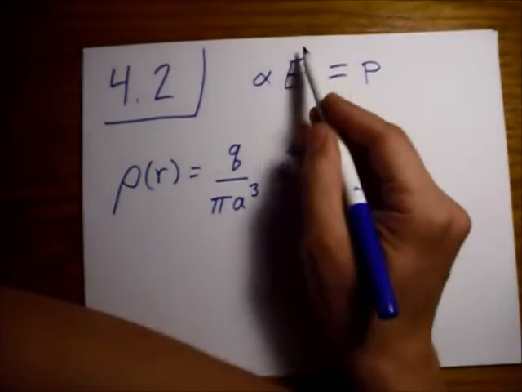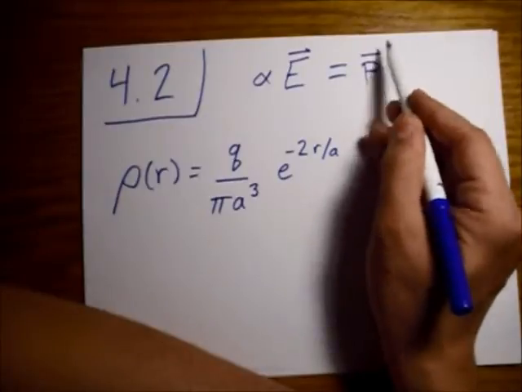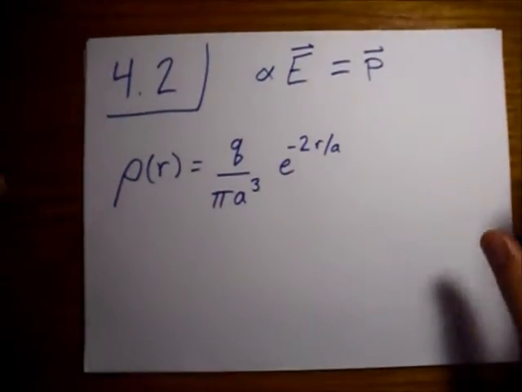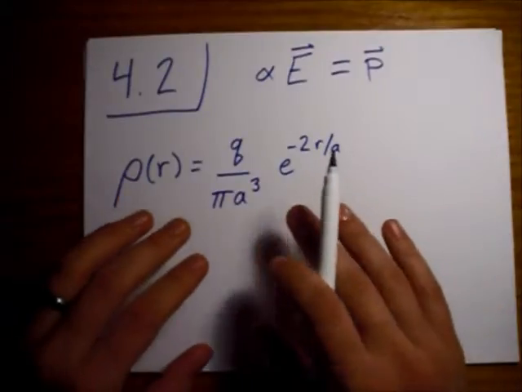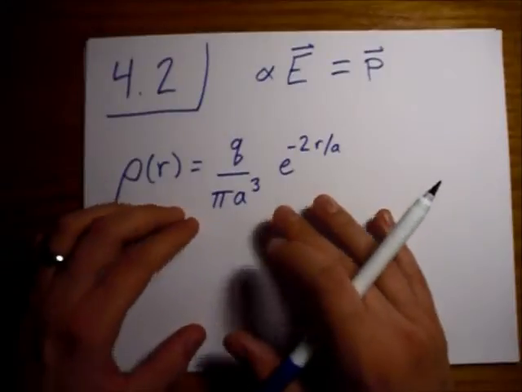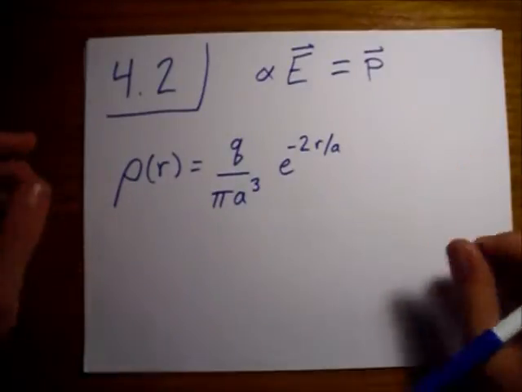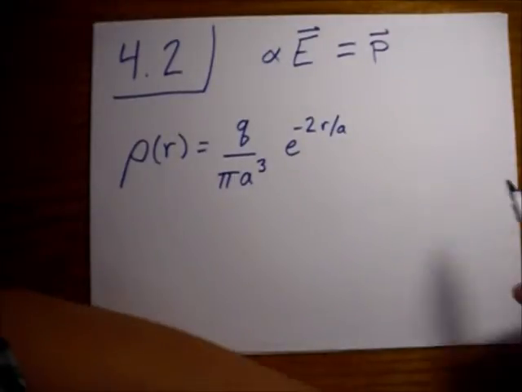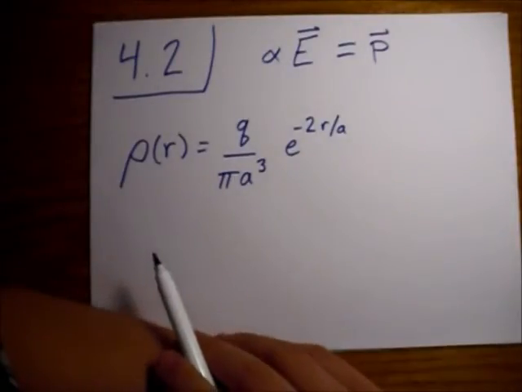All right, and you can call these vectors as well. In our case, we'll just be looking at the magnitudes. At any rate, the charge density for just the 1s orbital of the hydrogen atom, so the ground state, is given by this equation right here.